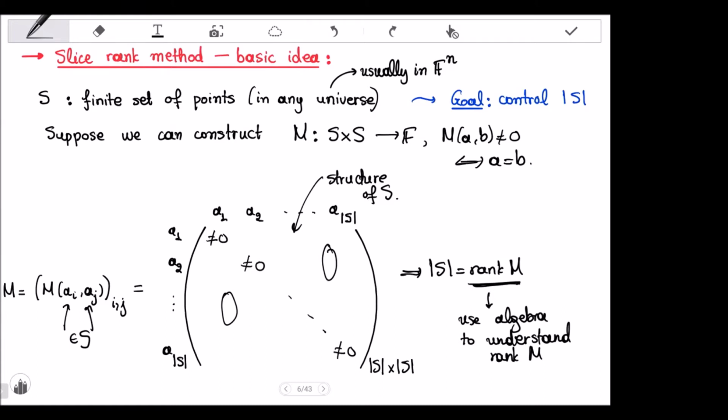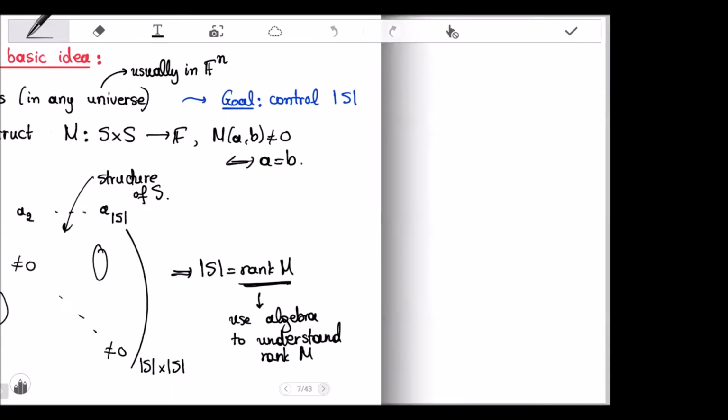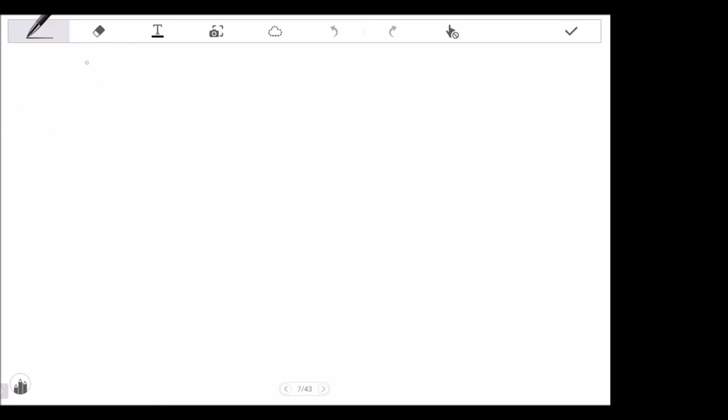But what if the structure has to do with triples of points, just like in the capset problem? We know that no triple forms a 3-term progression. So then we would want a 3-dimensional matrix, really. So we would want a matrix or a map from triples of points in S to F, again with the same property that the value is non-zero if and only if we are on the diagonal.